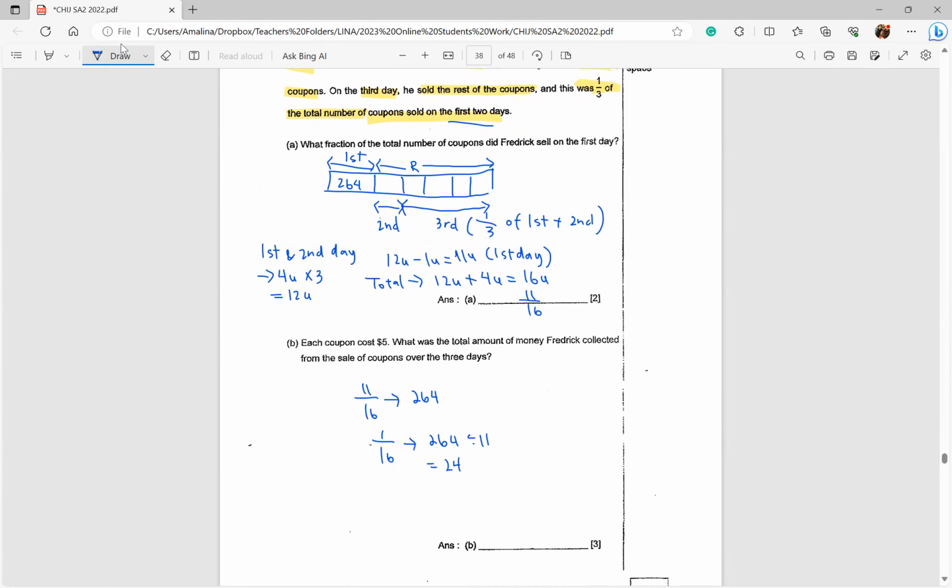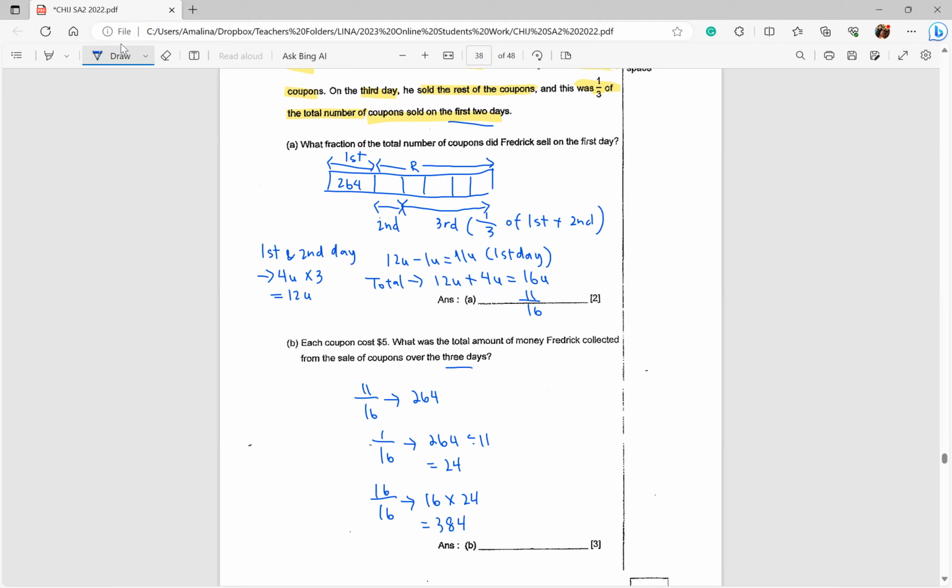And then you will find for your 16 over 16, your total. Okay, so 16 over 16, your 16 times your 24, I will get my 384 coupons. So 384 is the total number of coupons over the 3 days.